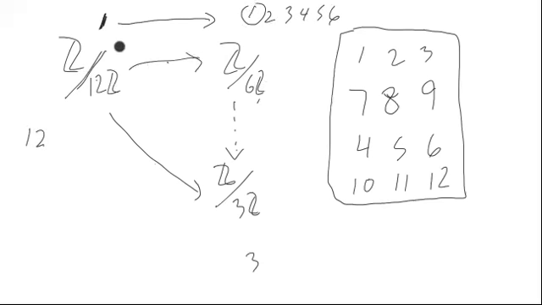Let's see how this function has partitioned this domain. It's partitioned it because 1 and 7 are being sent to the exact same location, because they're 6 away. 2 and 8 are being sent to the same location. 3 and 9, because they're 6 apart.